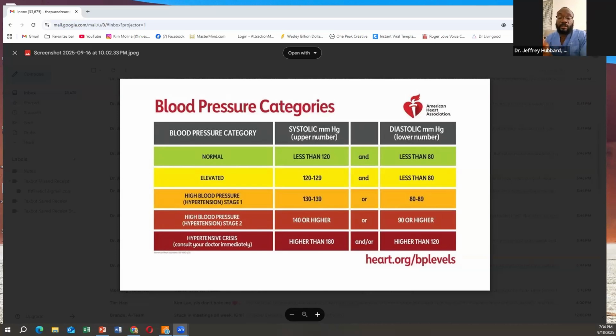So I'll just say this one little tidbit before I pass the mic back to Dr. Pitts. There's a multitude, we could have a whole other hour, two hour long conversation about the various different things that can shift your blood pressure. A one-time blood pressure, ladies and gentlemen, is not sufficient to give you a diagnosis of high blood pressure or hypertension.